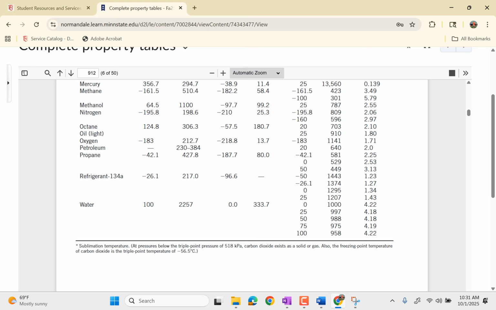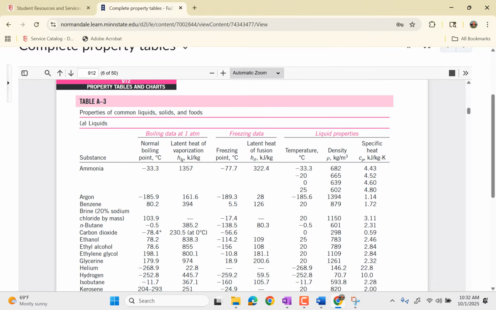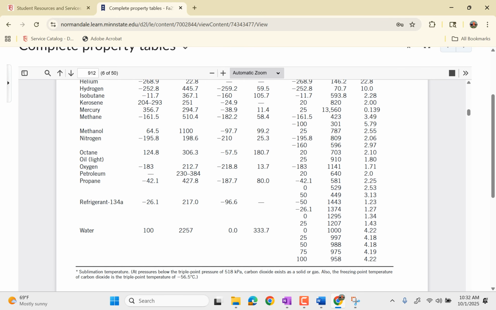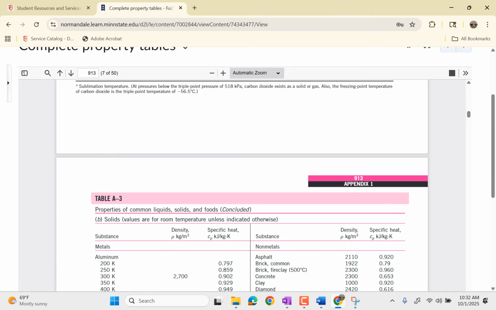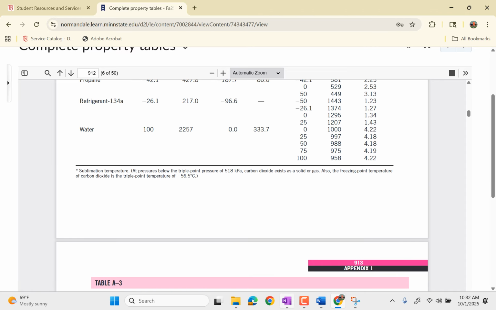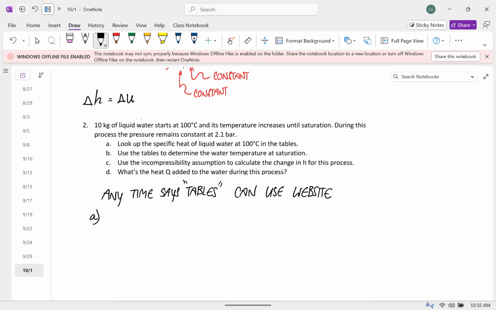So that's 4.22, and these units are in kilojoules per kilogram. So we want it just in joules, which means I'm going to use 4220. It doesn't matter that it's a different atmospheric pressure.